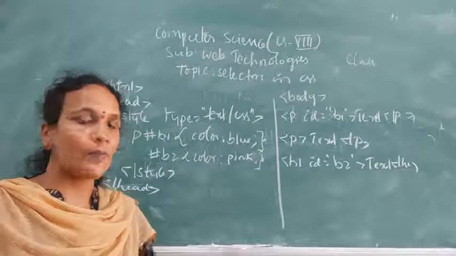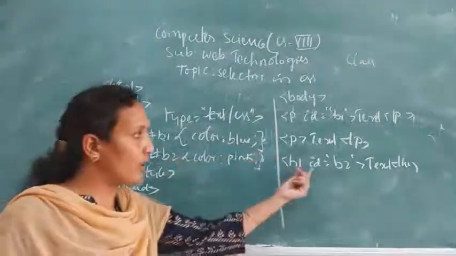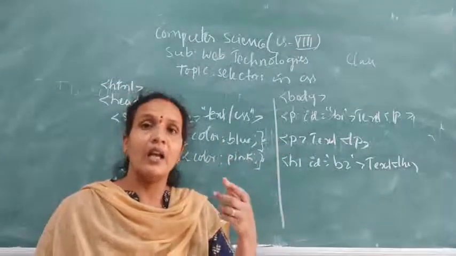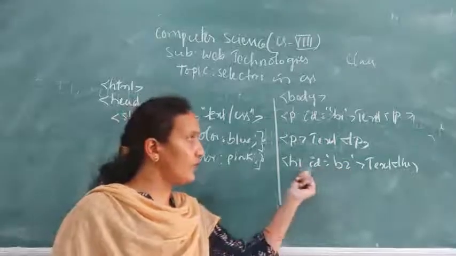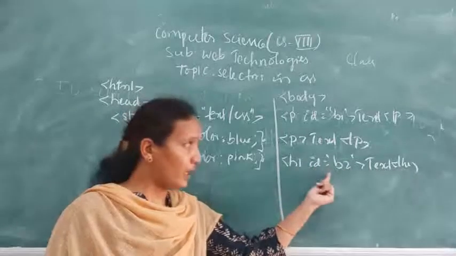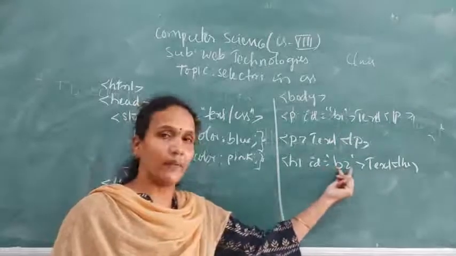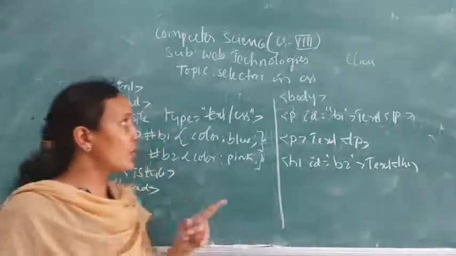Whenever you want to use this ID selector, for whichever element you want to use it, in that opening tag you use the ID attribute equals the name of the ID. So whatever properties you have given in this ID will be applied to this content. Remember only two things.